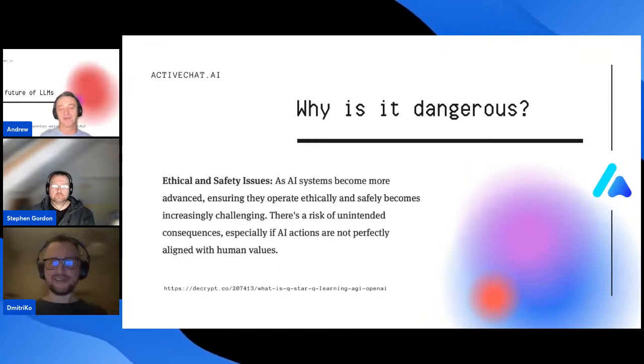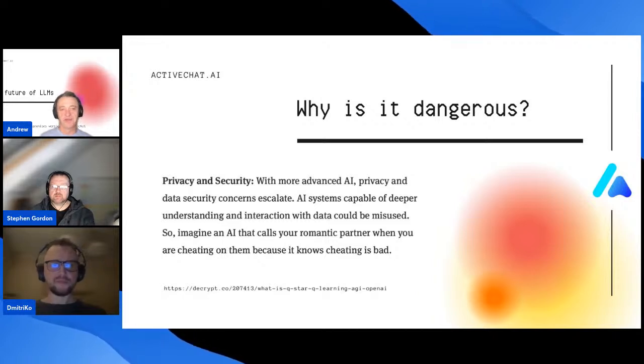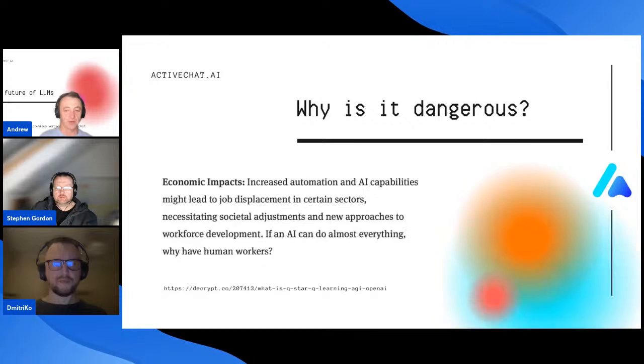I believe something like this will be happening in the future, and it will be happening much sooner than we can imagine. But at the moment, most of the concerns are definitely about ethical issues and safety issues, then about privacy and security. It will definitely be a more complex world if we have AI systems that can think, that can invent new ideas, that can crack codes, and so on.